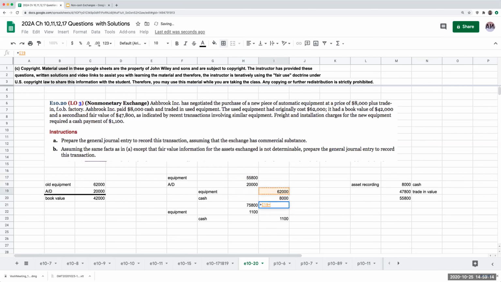So if I look at this, I should technically have a gain of $5,500. If the value of this equipment is cash plus the trade-in value of $47,800, then my gain on the disposal of the equipment is going to be a difference of $5,800. Okay, so let's see if that is correct.